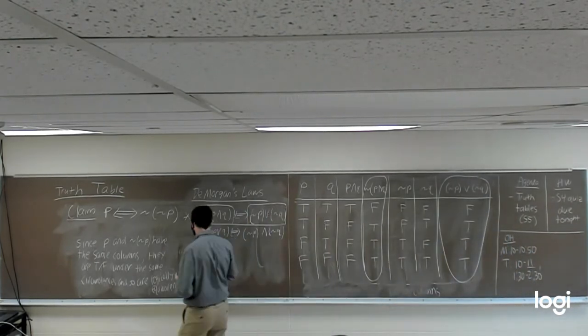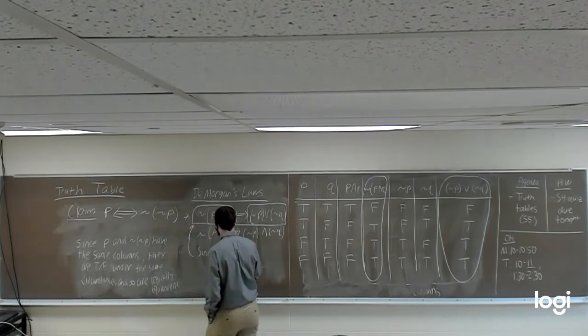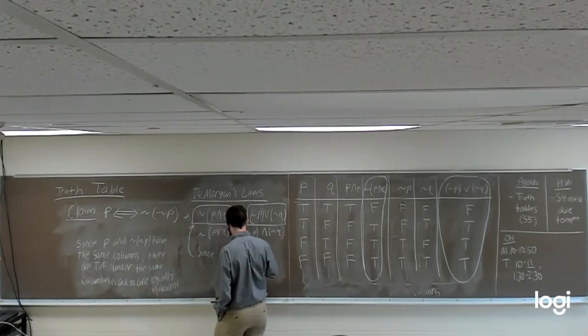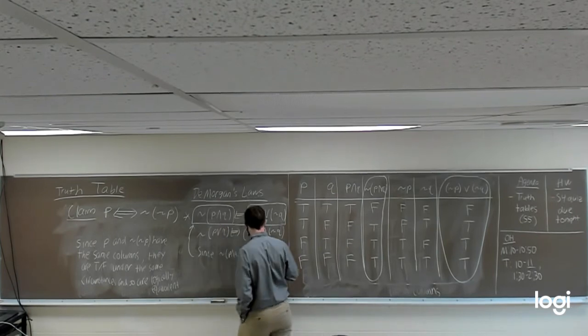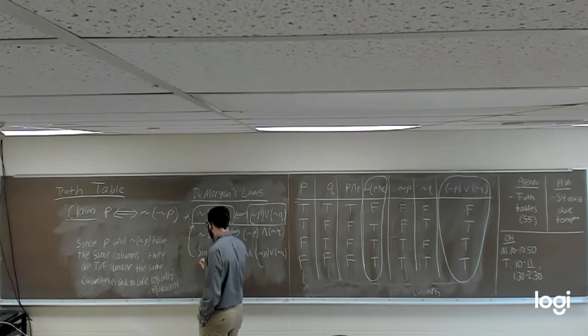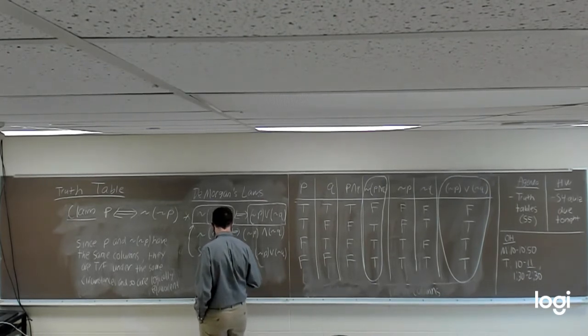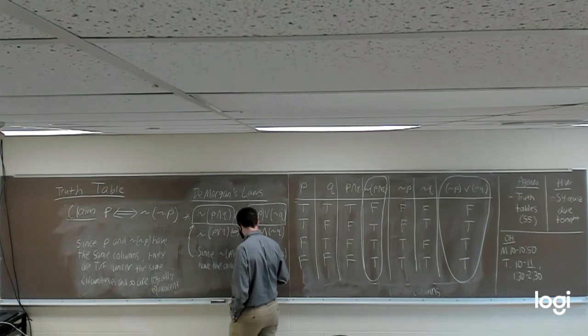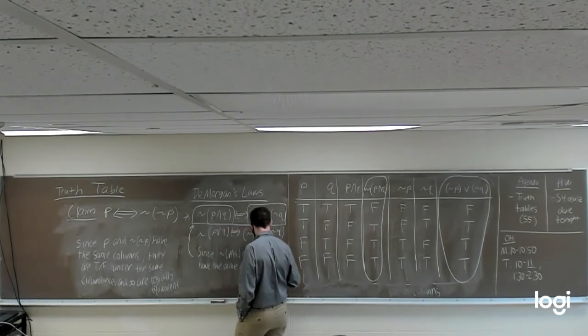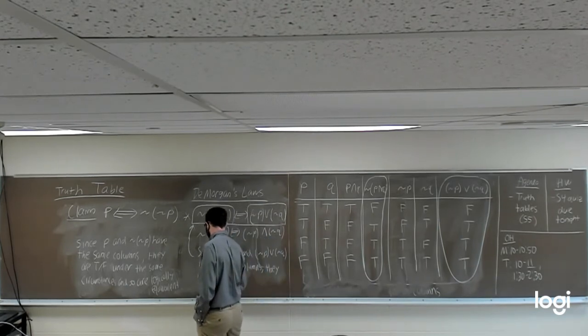So we could say, since negation of P and Q and not P or not Q have the same columns, they must be logically equivalent.